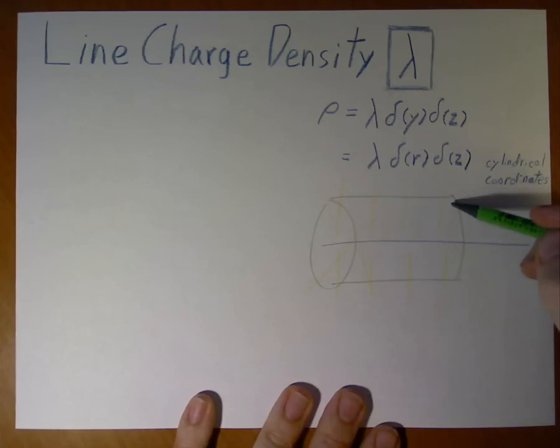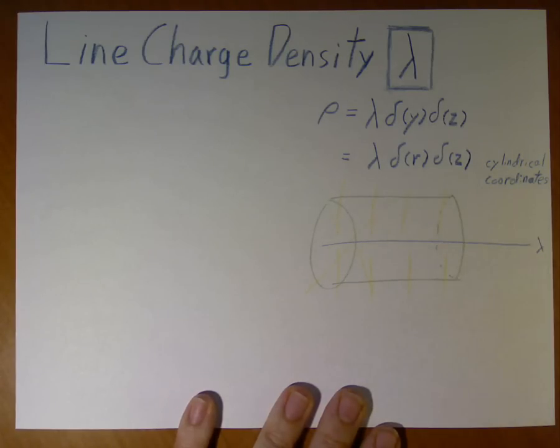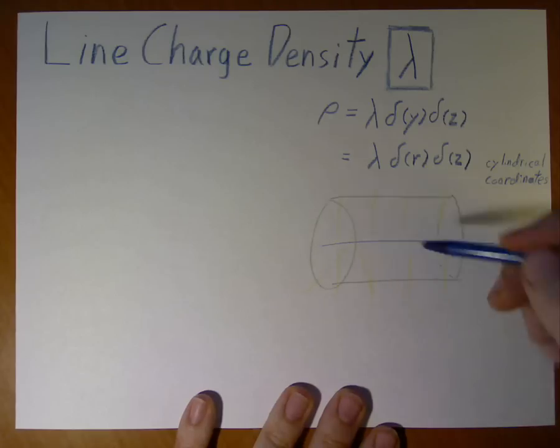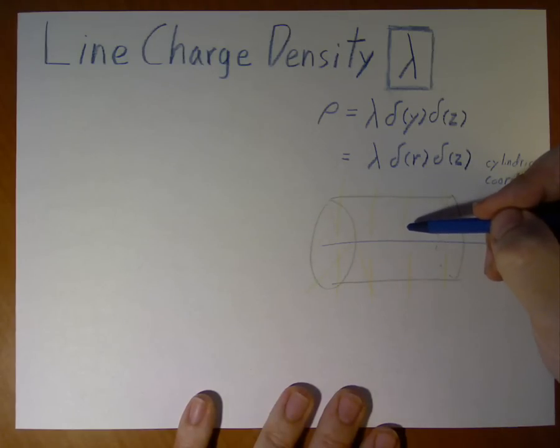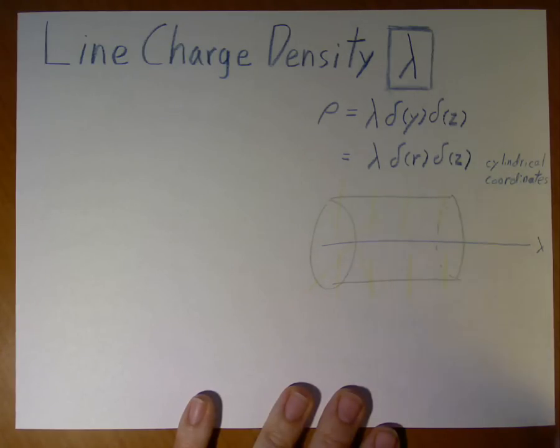Now, of course, this is, to clarify, an infinite line charge. The advantage of that is it means the electric field lines are everywhere perpendicular to it. We don't have to worry about electric field lines coming out of these sides.